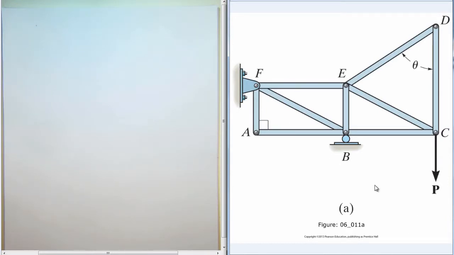And can you find another pair of zero force members, a joint where there are only two members and there's no external force? Joint D meets that criteria.